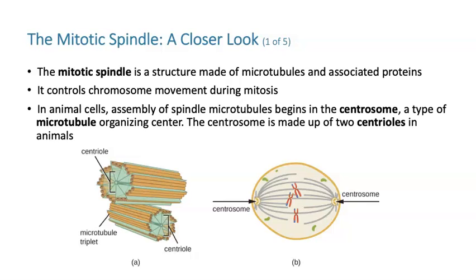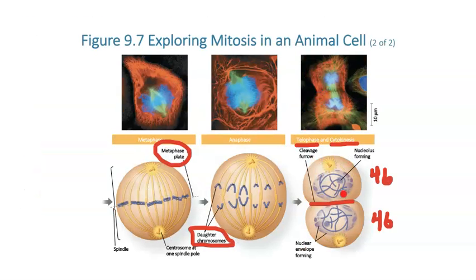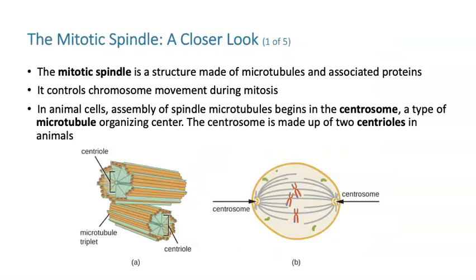This mitotic spindle is very important because it controls the chromosome movement during mitosis. And remember that chromosome movement is pretty complicated. We go from being evenly distributed through the nucleus, to being pushed and pulled in prometaphase, to being completely lined up in metaphase, separating at anaphase. So this mitotic spindle has a lot of work to do.